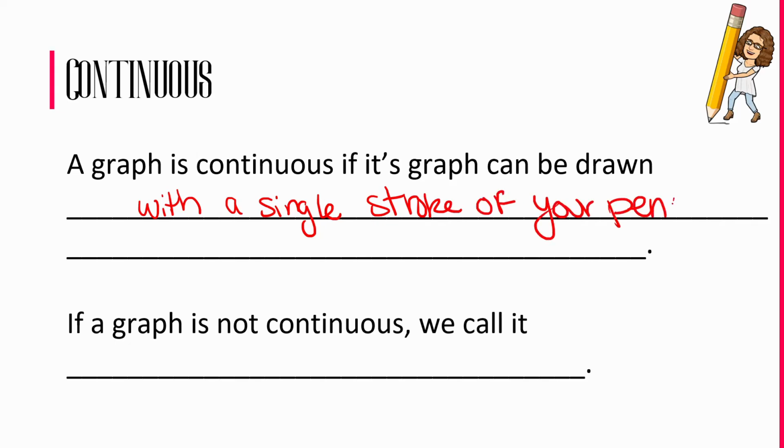So that means if I can start on the left-hand side of the graph and I can draw the entire graph without picking up my pencil, I can say that a graph is continuous. Now, if it's not continuous, we will call our graph what's known as discontinuous. Okay? So if a graph is discontinuous, we will say that it is discontinuous.